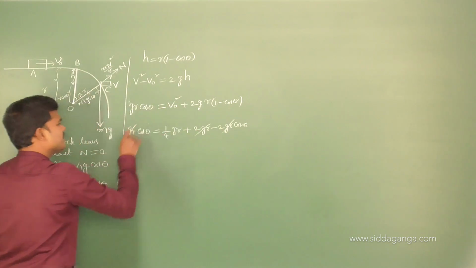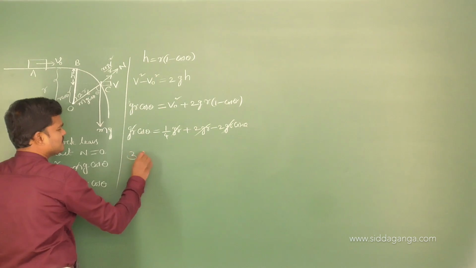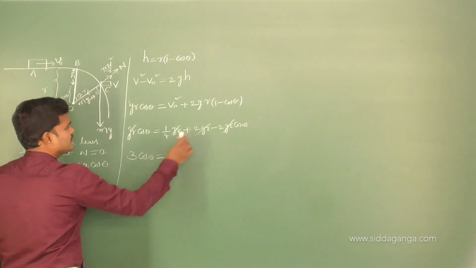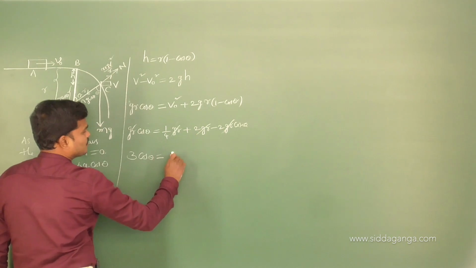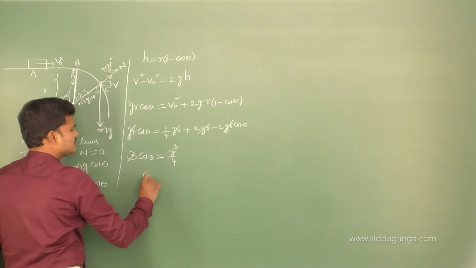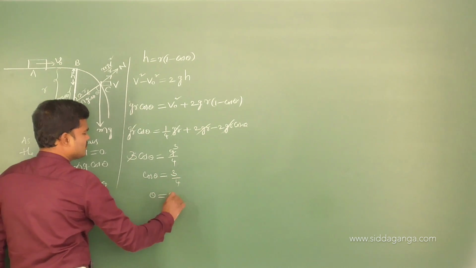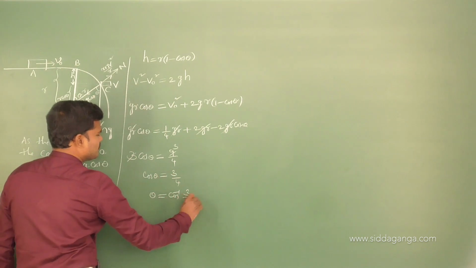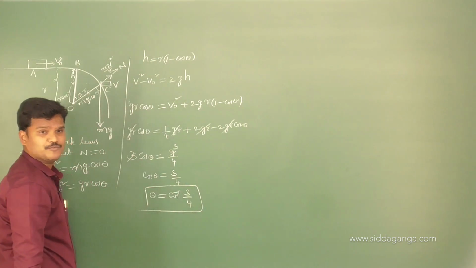So gr cancels everywhere. Taking cos theta to the left, it becomes 3 cos theta, and 1 by 4 plus 2 is 9 by 4. So 3 cos theta is 9 by 4, cos theta is 3 by 4, theta equals cos inverse of 3 by 4.